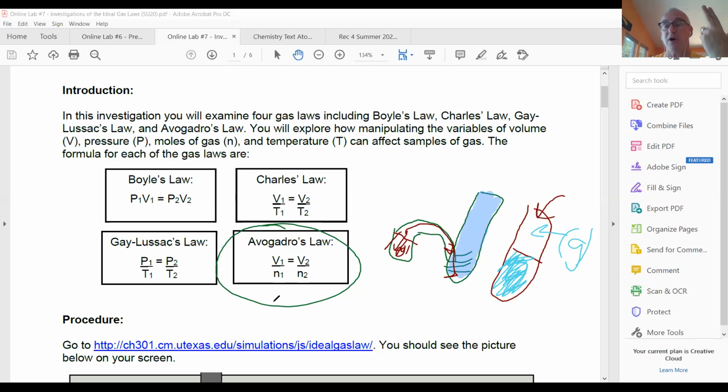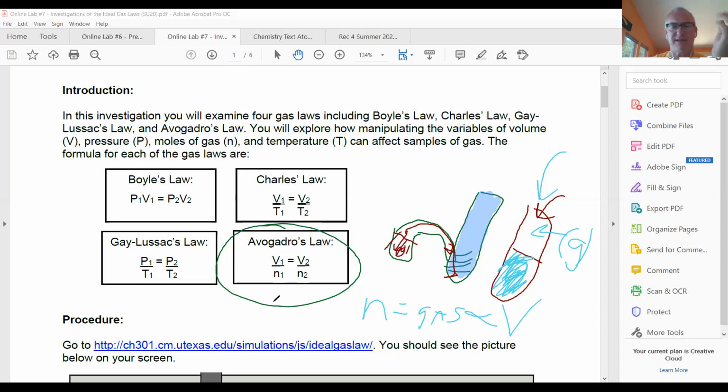When he got twice as much product, the volume inside of here would be twice as much. And so he figured out that the amount of moles of gas is directly related to the volume. So we say it's related to the volume.